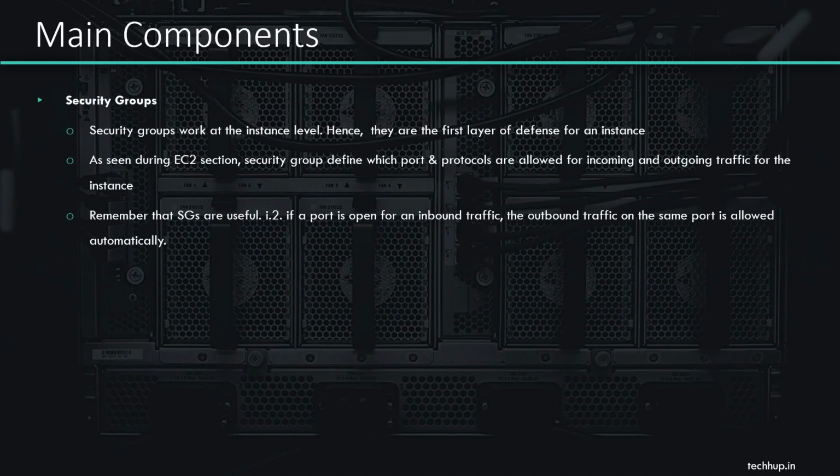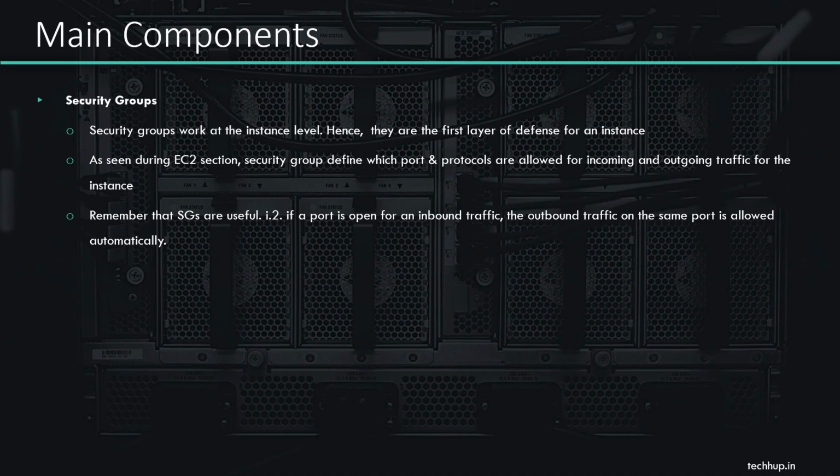The next component that we have is a security group. A security group is associated with the instance or the appliances that are provisioned within the subnet. Hence, they are the first layer of defense for an instance.